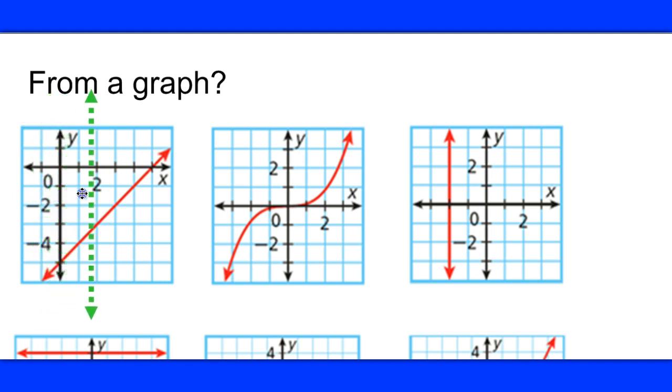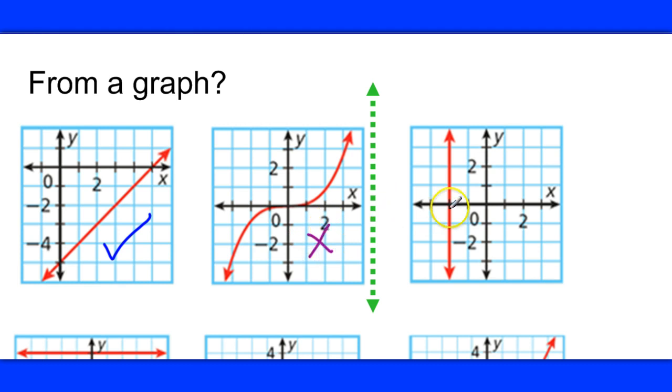So here, this passes the vertical line test, and it is a line, so that one is a linear function. For the second one, it passes the vertical line test, so it's a function, but it is not a line. So this one is not a linear function.